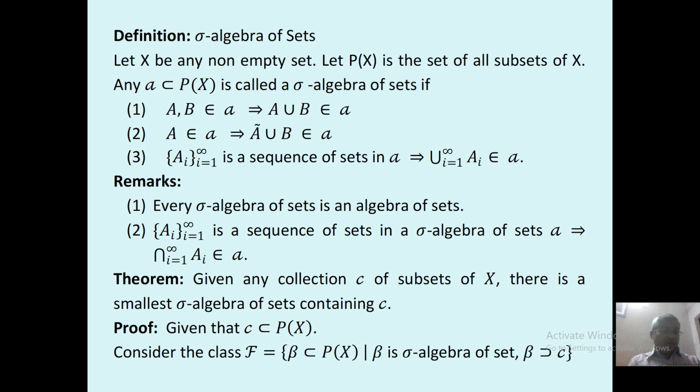Now we'll see the definition of sigma algebra of sets. Not only algebra of sets, but sigma algebra of sets. In sigma algebra of sets, there is another condition, a third condition. Two conditions are as they are, and the third one is an extra condition.